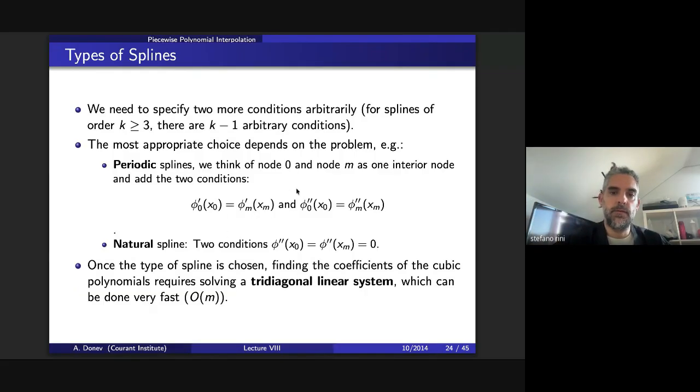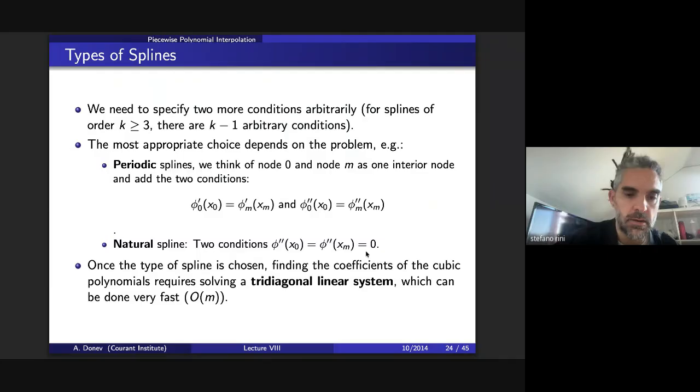Often, if you're using these splines to solve some sort of boundary problem, maybe you want the derivative on the left edge to be equal to the derivative on the right edge, or you can just set the derivative to 0.